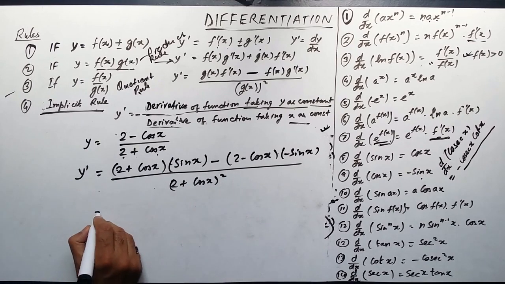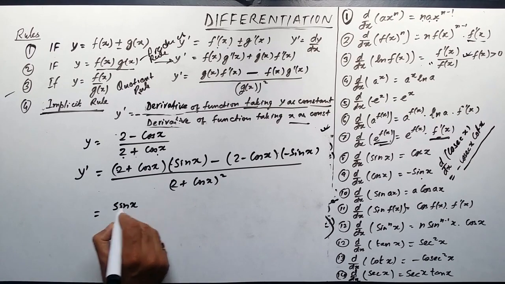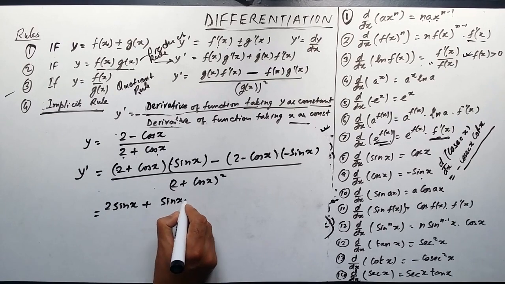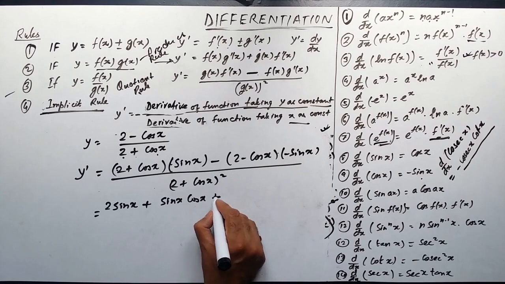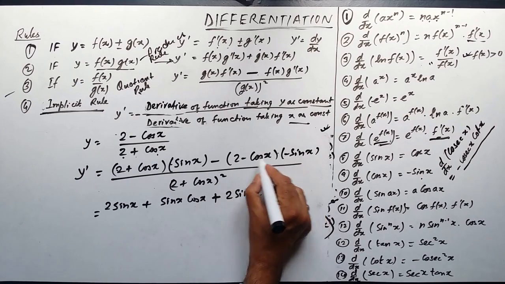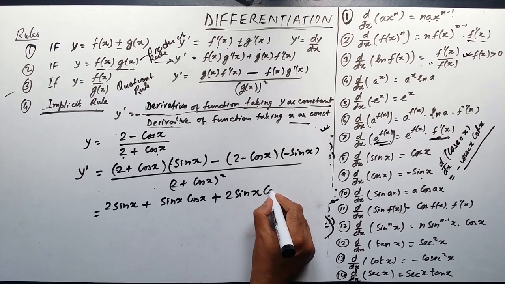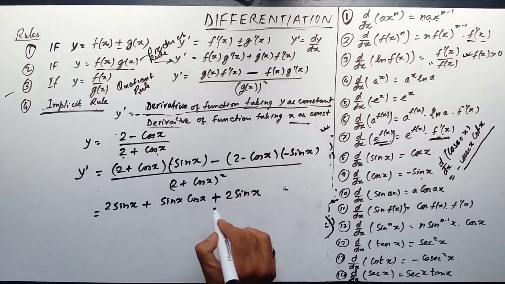Okay, so we are left with 2 sine x plus sine x cosine x, minus, so this minus and this minus becomes plus. So we are left with 2 sine x, and minus and minus becomes plus, so sine x cosine x is plus.